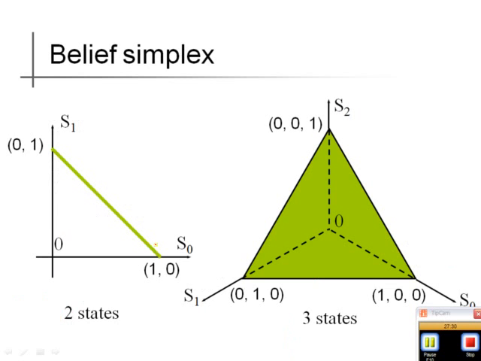Okay, so what is a belief state? As I mentioned, and it's probably not too surprising to you, belief state is nothing but a probability distribution over states. So geometrically, you can think of belief state as a simplex in k dimensions. If you have k states, then there is a k-dimensional simplex, which is the plane of all the points whose coordinates are all positive and add up to 1.